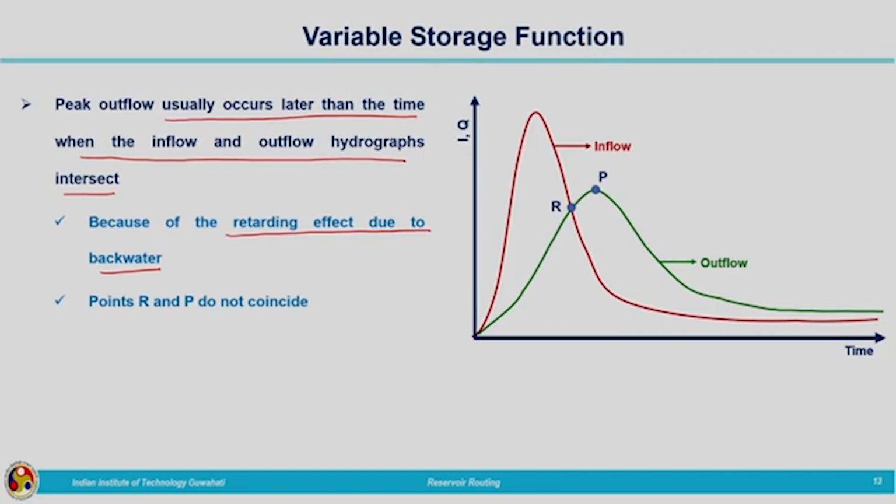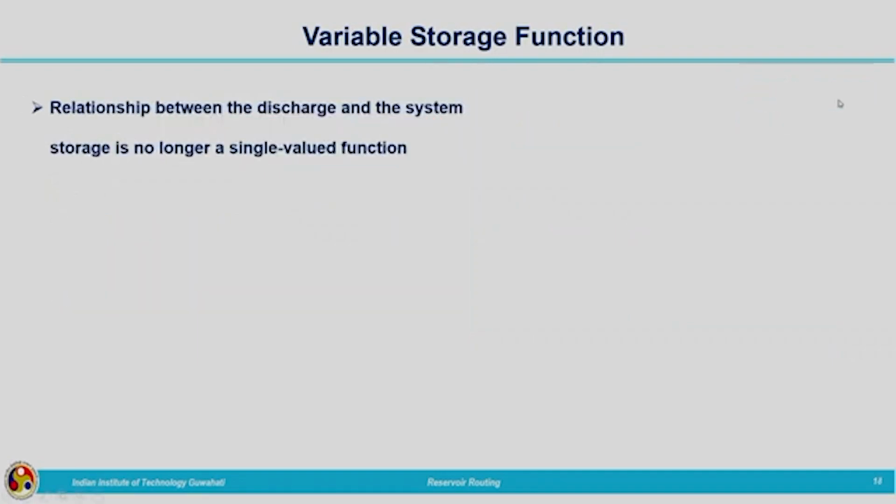Even though both hydrographs intersect at a particular point, that represents the point of maximum storage, which is different from the peak flow of the outflow hydrograph. This is due to the retarding effect of the backwater. So, P is the maximum outflow and R is the maximum storage.